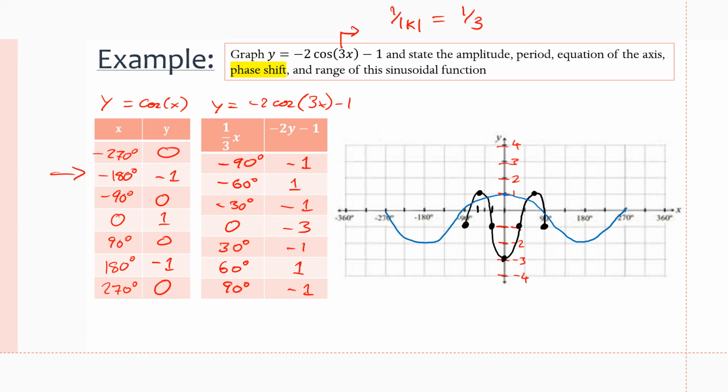Okay, now the question asks us to find all the properties. So let's first start with amplitude. The amplitude, as we know, is just going to be the absolute value of our a, which is going to be 2. And as we can see from the middle of the graph, right here, of our new graph, oh, this cosine graph is drawn very wrong.